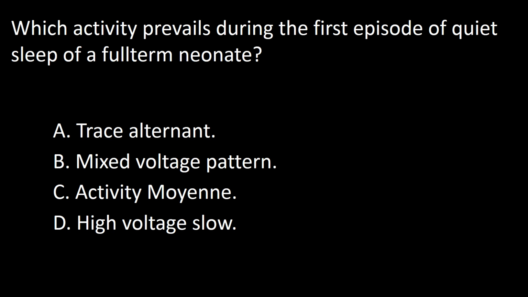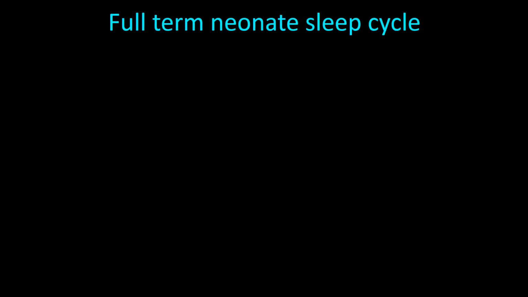Next question. Which activity prevails during the first episode of quiet sleep of a full-term neonate? A. Tracé alternant. B. Mixed voltage pattern. C. Activité moyenne. D. High voltage slow pattern. The sleep cycle of a full-term neonate starts with the neonate awake.